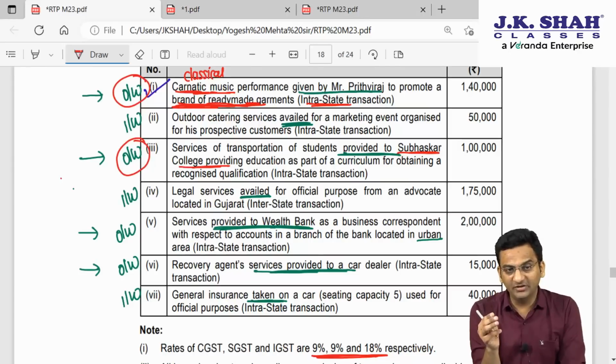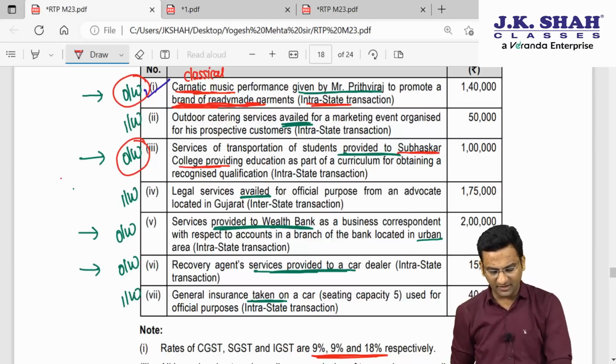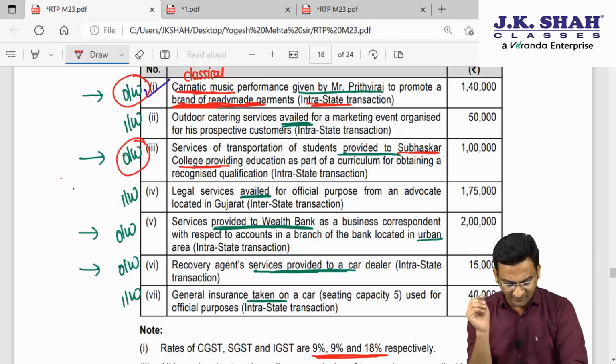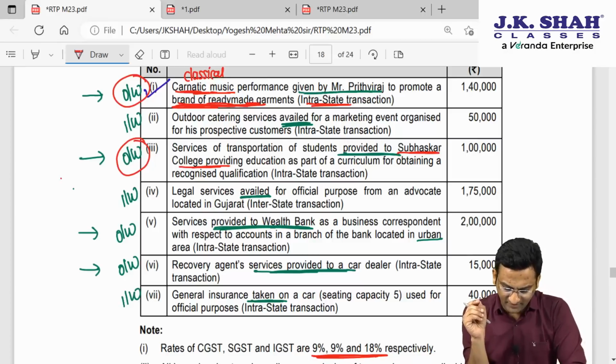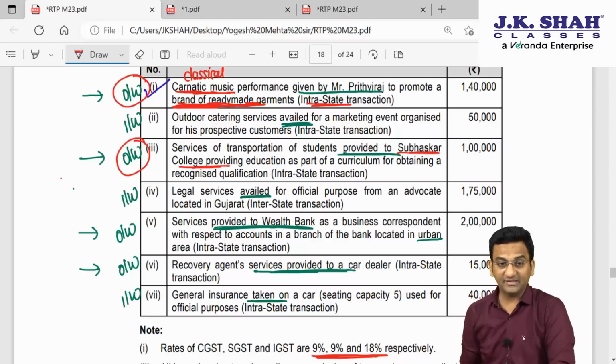Now friends, in case of point number 3, the services of transportation of students are provided to Subhashkar College, providing education as a part of curriculum for obtaining a recognized qualification. If you do remember, friends, if the transportation services are provided to any education institution, and such institution provides education up to HSC, then such services are exempt.